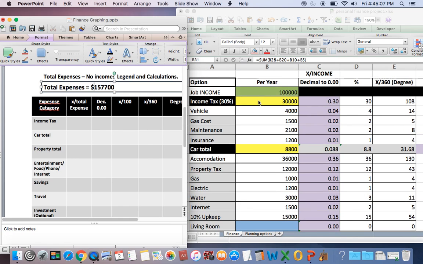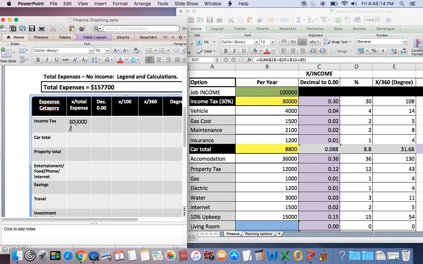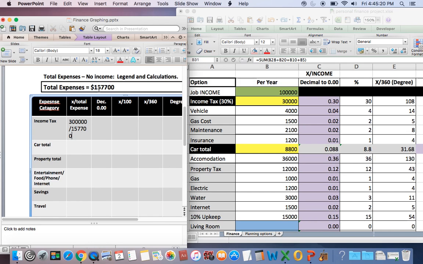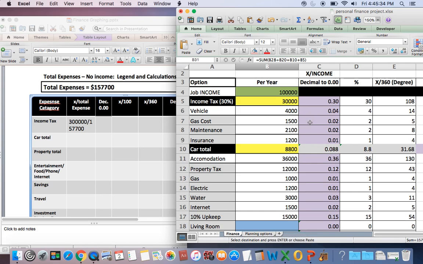So here I have $30,000 for income tax. I'm going to write 30,123 divided by my total income, which is 157,700. So here, let's make that a little bigger. So do you see how now, in our first graph, we did the expense on this divided by your income.